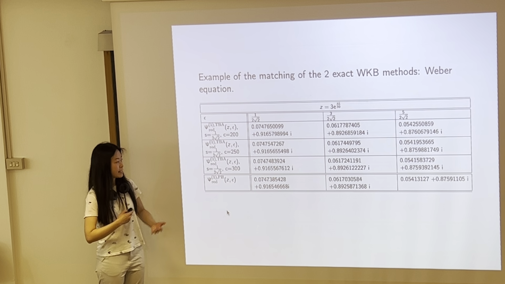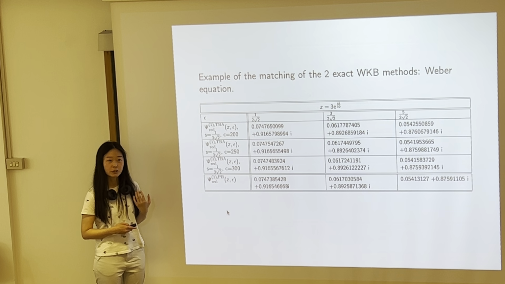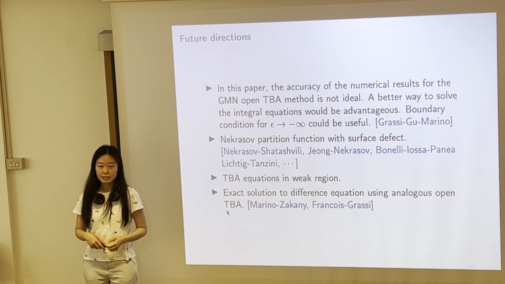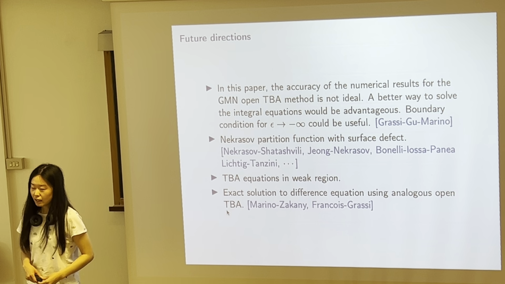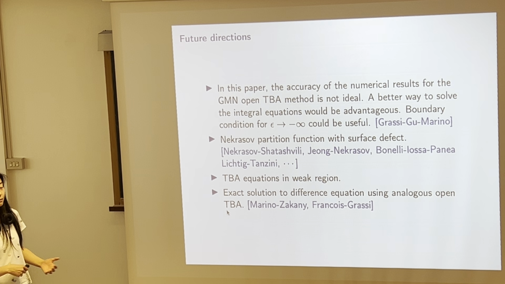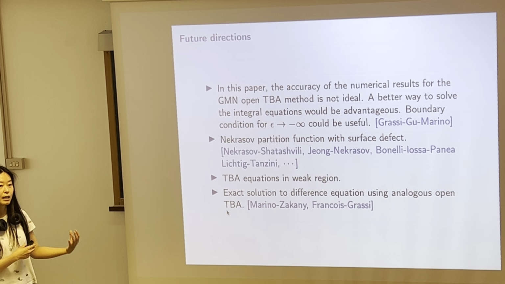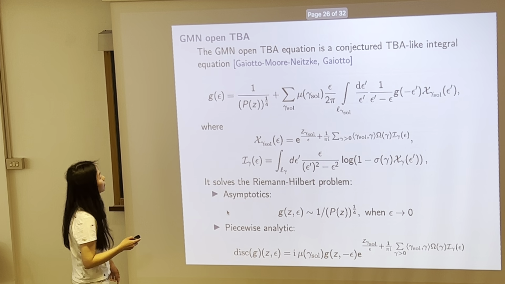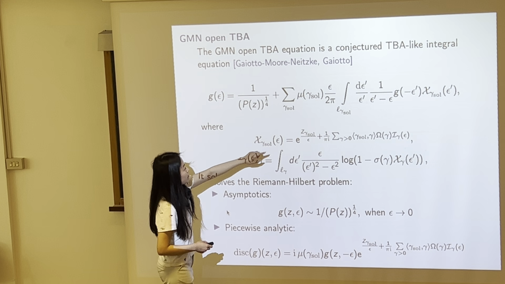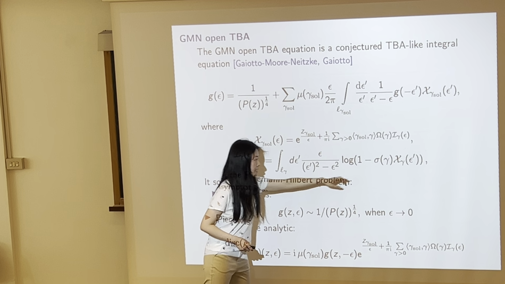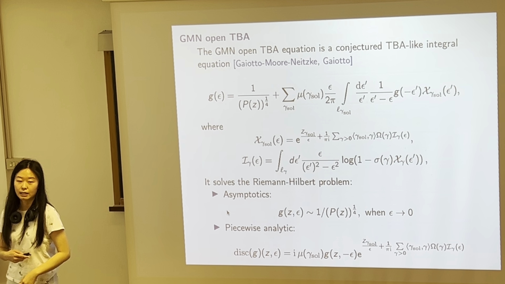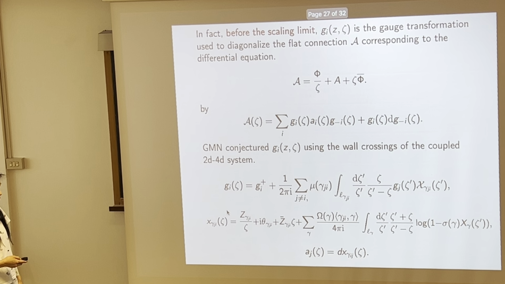So actually, this is related to some future direction I want to discuss. It's because the numerics, especially for the TBA equation, are in general quite complicated. You are solving some coupled integral equations together, and because of this term here appearing in the integral equation, you even need the quantum period as some input if you want to solve for the TBA equation for the solution.